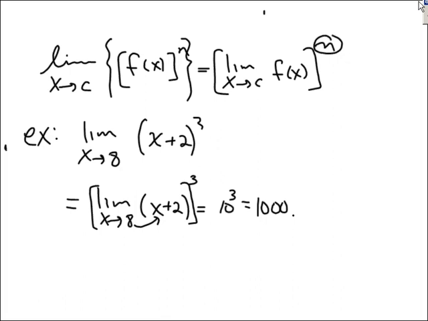Okay, now let's look at this next and last type of problem. I'll give you the result of some limits of f and g, and then we'll have a little fun with them.